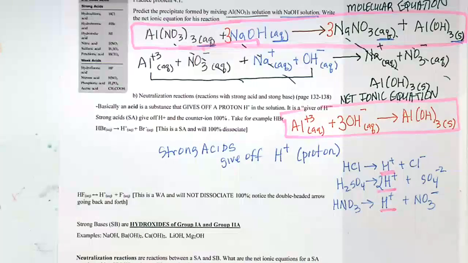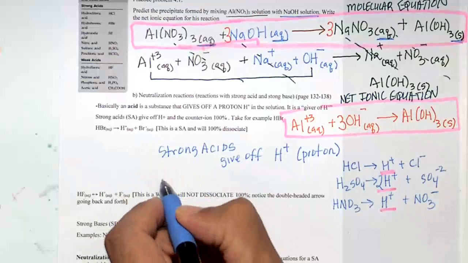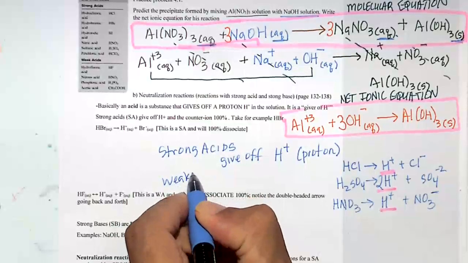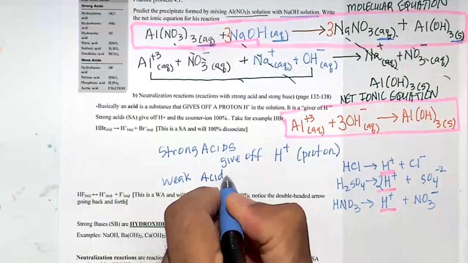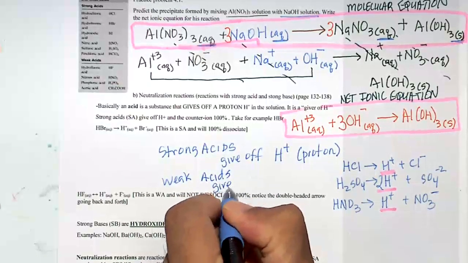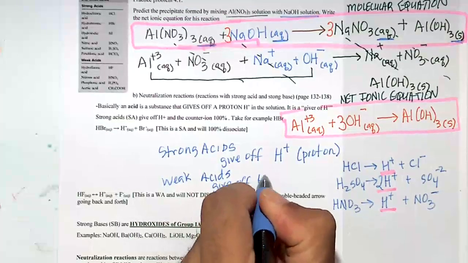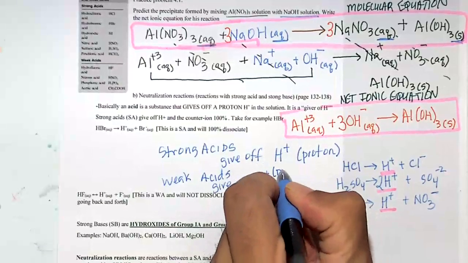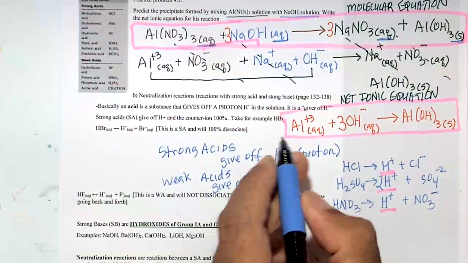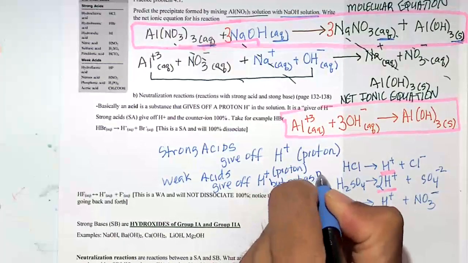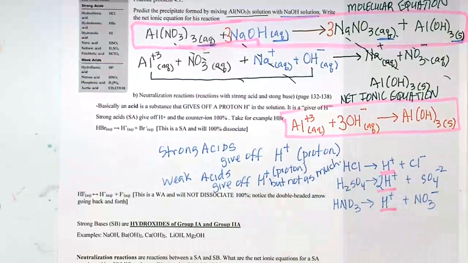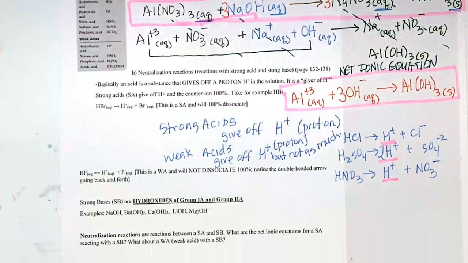And then we have strong acids, and then we also have weak acids. They give off H+, but not as much. Okay, not as much.